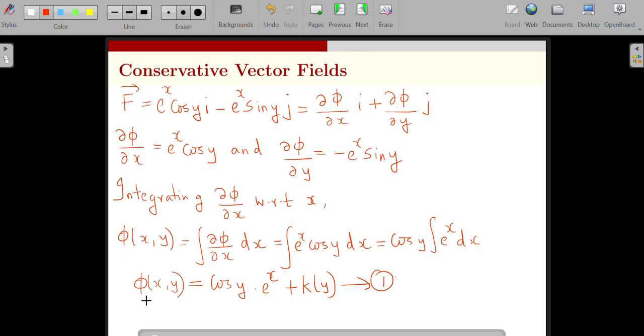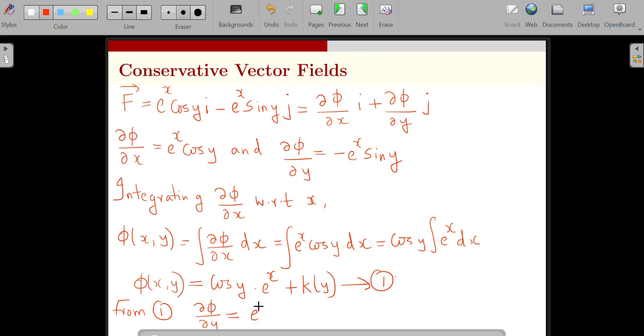What is the next step? What we have to do is to partially differentiate this particular equation 1 with respect to y. So from 1, partially differentiating with respect to y, we get ∂phi/∂y is equal to the partial derivative with respect to y of cos y e^x plus the partial derivative of k of y.